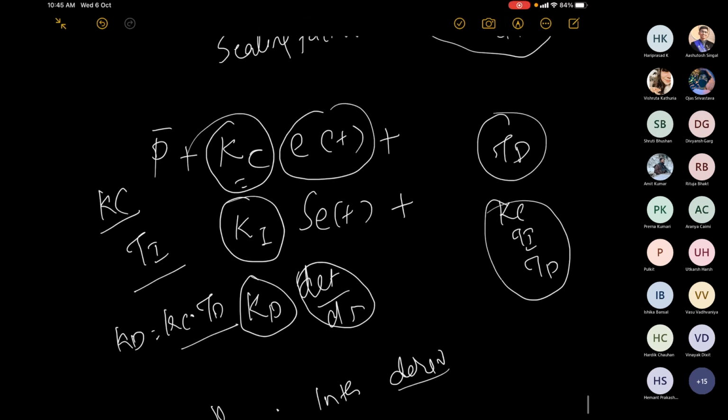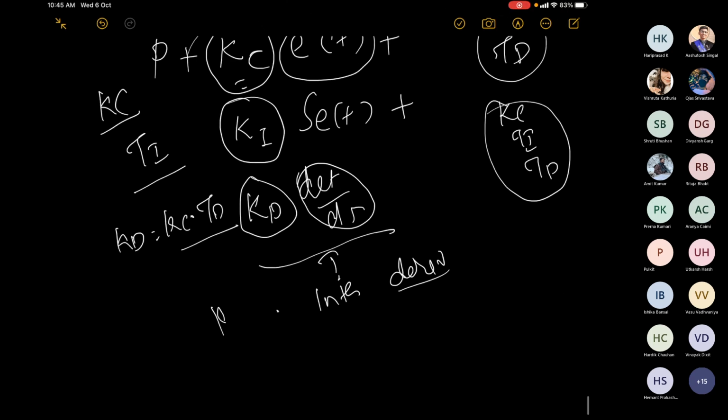What happened to this particular term and this particular term, which is dE by dt? Because there is a change in output, dE would also be very high. So these two terms would be spiking up.